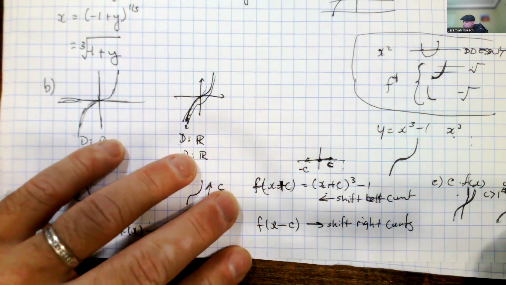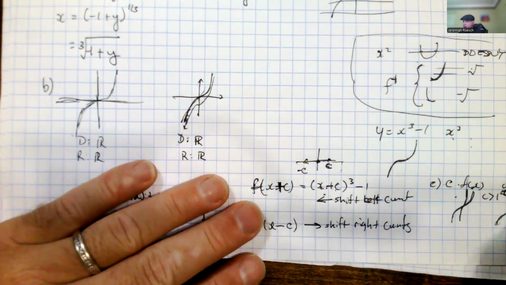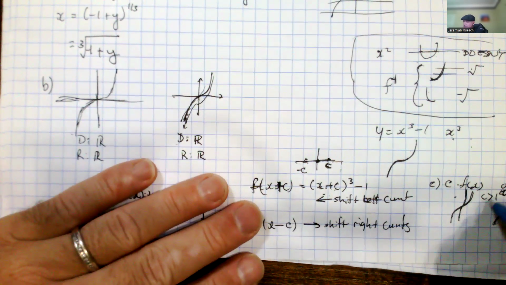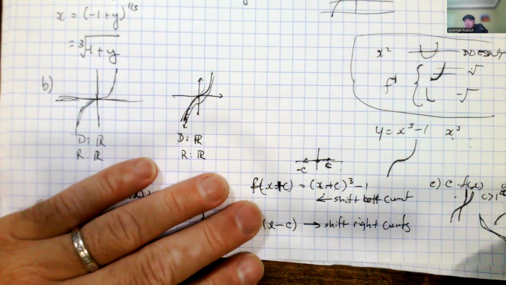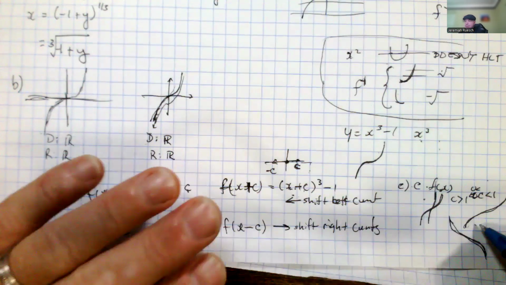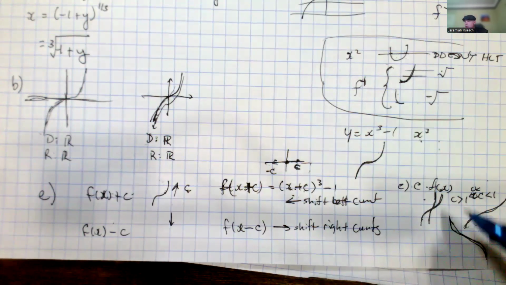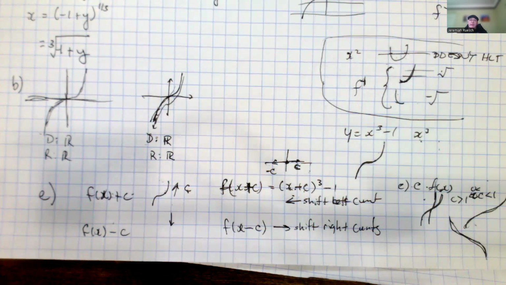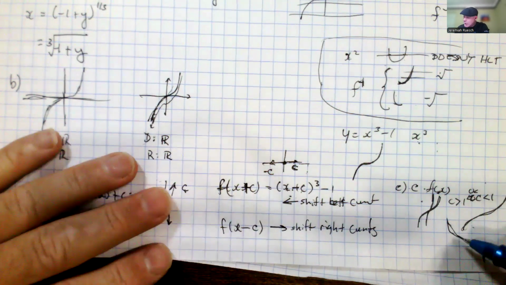So if it's between 0 and 1, it's going to flatten it out. And if it's negative, what it's going to do is reflect it. So if c is less than 0, it's going to do something like this, depending on the value. Knowing that c is less than 0, it's going to reflect it, and then it'll also dilate it. You either make it more narrow or widen it out, depending on if the absolute value of c is less than or equal to 1 or greater than 1.